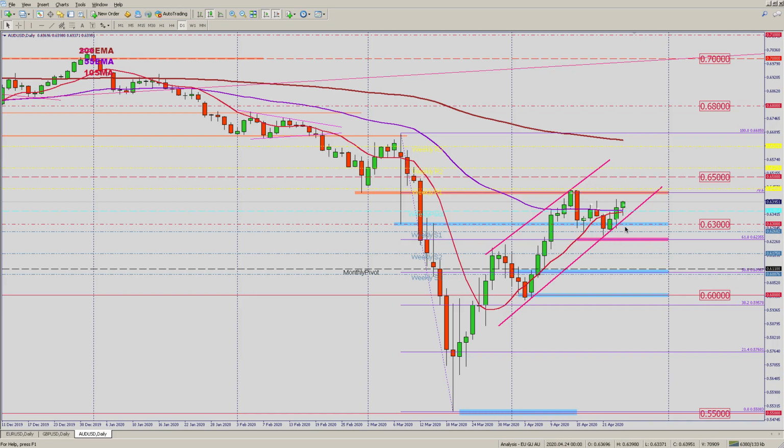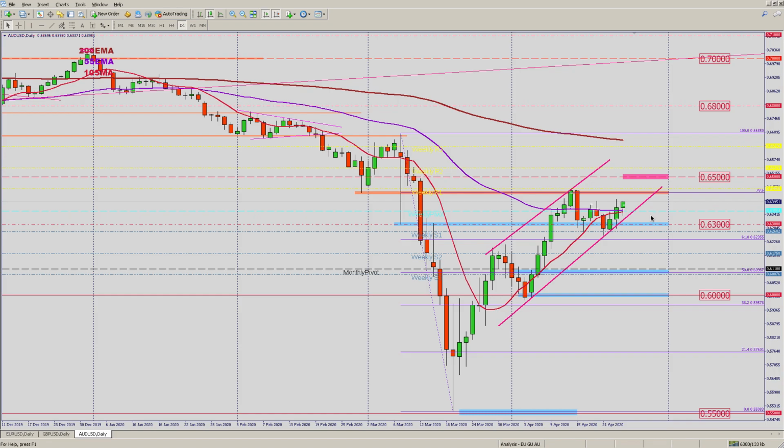Support is at the 0.63, another key support at 61.8 fib, but let's move up this resistance to the 0.65 level. So it's between the 0.63 and 0.65 range that needs to break out from this intermediate resistance to target 0.65 and move up along this bullish channel.